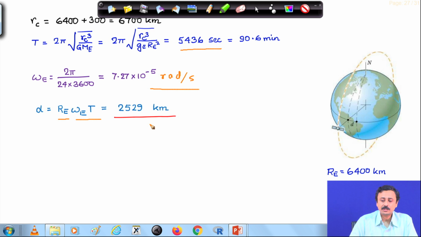If you notice, the rotation of the earth is like this and the satellite is rotating like this. Therefore, once it comes back to the same point as shown here, the point would have shifted by 2529 kilometers. So, the new point is 2529 kilometers to the west of the first point.